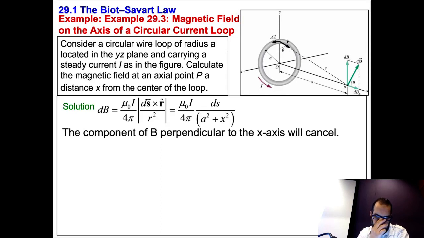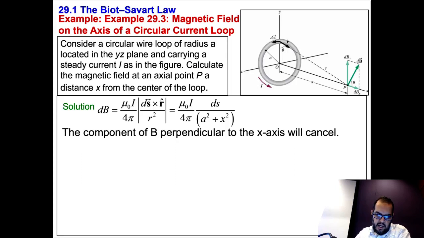Okay, so this is the equation: mu 0 I divided by 4 pi, ds crossed with r, divided by r squared. r is the square root of a squared plus x squared, so r squared is a squared plus x squared.